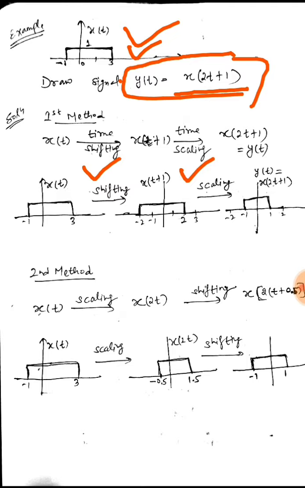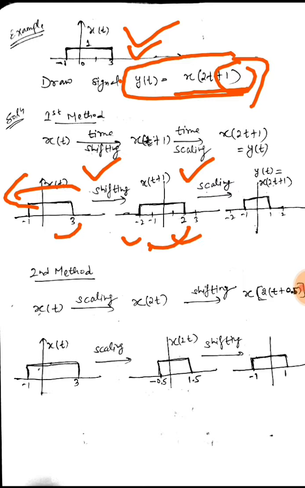If I perform time shifting first, x(t) would become x(t + 1), because we need to add 1. If something is added, the signal would shift leftward. So now the range becomes -2 to 2.